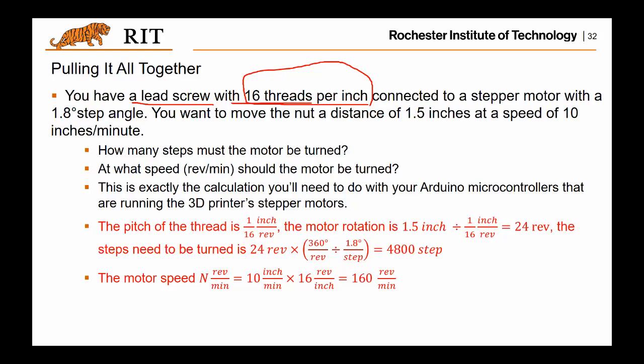And then this screw is connected to a stepper motor, and this stepper motor has 1.8 degrees per step. And now you want to move the knot a distance of 1.5 inch, and the speed is 10 inch per minute.